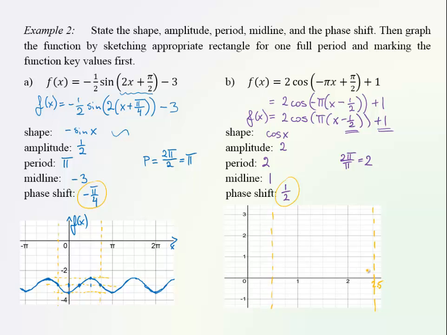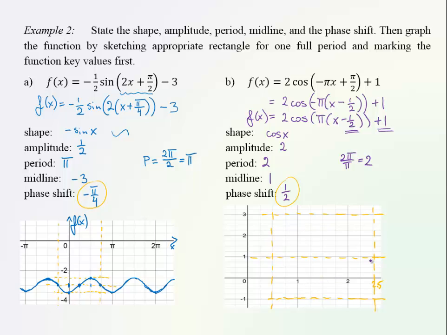Good, now horizontal lines, starting with midline, which is at 1. Go by the amplitude, 2 up and 2 down. So 2 up is here, 2 down is there. So this way we created a full rectangle which will contain the first period of our function.